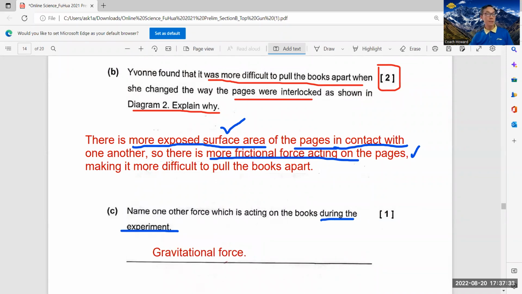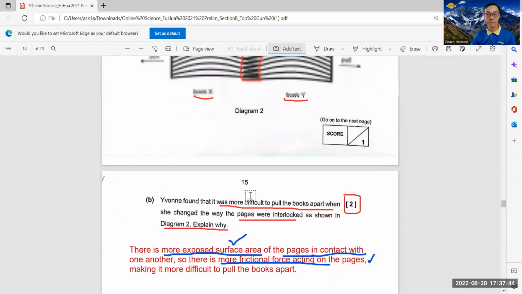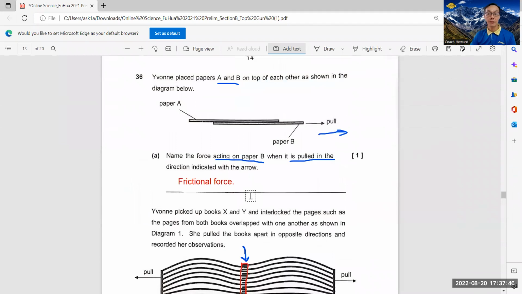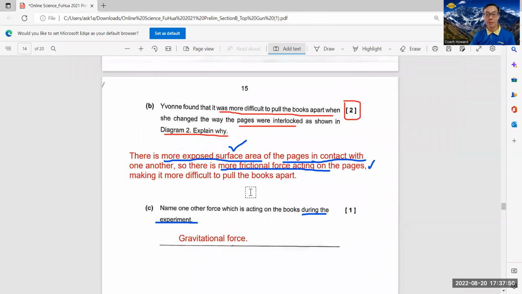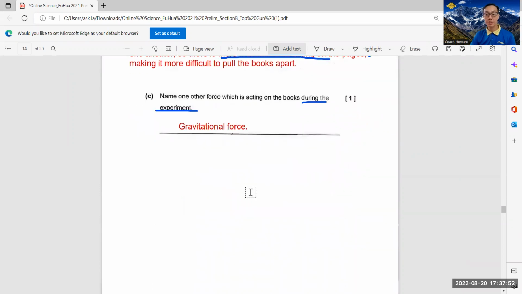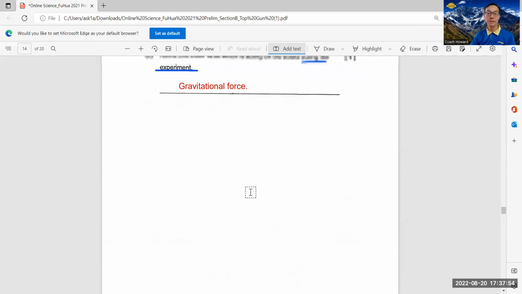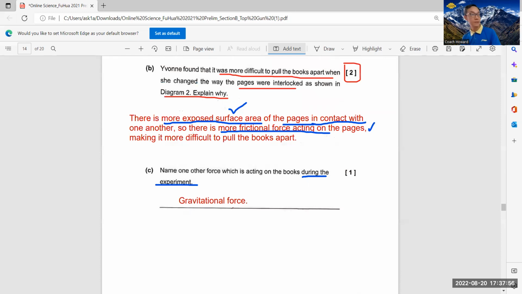Okay, so this 1 mark plus 2 marks. So this is a 4 mark question. Take note of this.